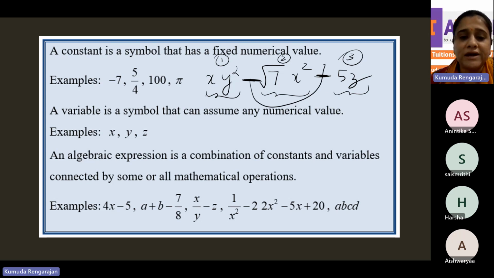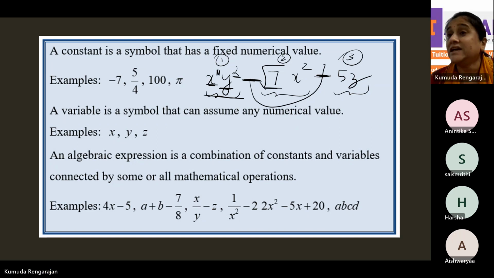Okay, now in the first term, you can see the variable x. Its power is 1. There is no power there. You don't see anything, but it's 1. If there's nothing, it's 1, whole number. Next, in the first term itself, you see another variable y. Its power is 2, whole number. Move on to the second term. In the second term, you have something like root 7. That's a constant.